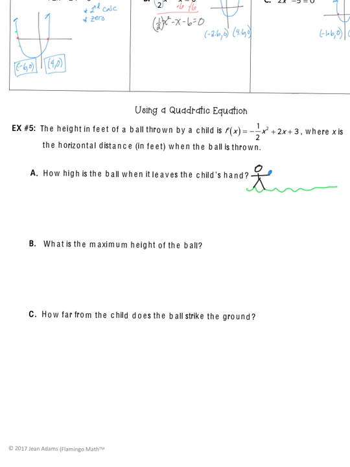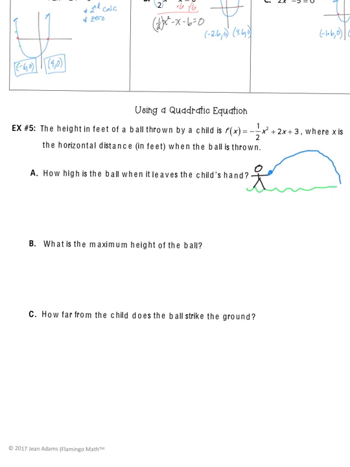Let's call it a blue ball. And it wants to know the height in feet of the ball thrown by a child. So this ball is going to get thrown something like this. This is the horizontal distance from here to here, but you can see that the path that the ball takes is a parabolic arch.